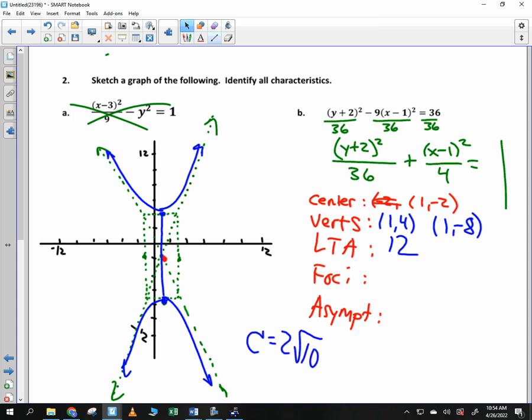C is 2 roots of 10, and everybody knows 2 roots of 10 is approximately 6.2. So I'm going to move 6.2 units, 2, 4, 6, and 0.2.